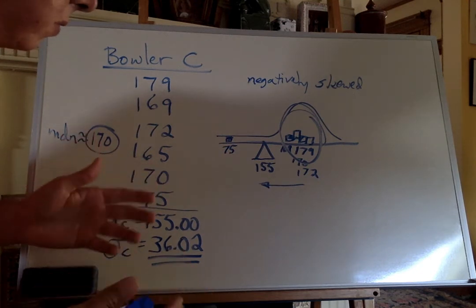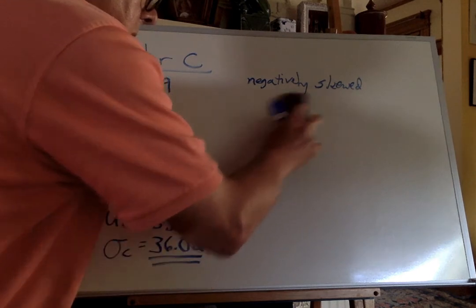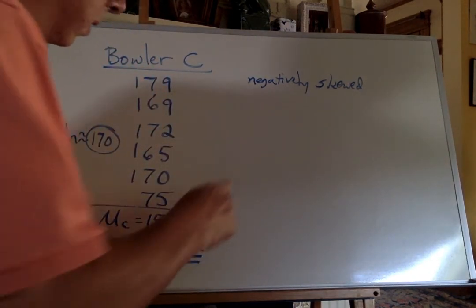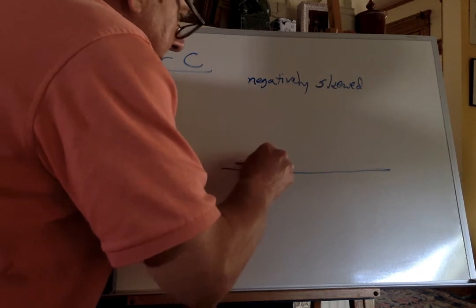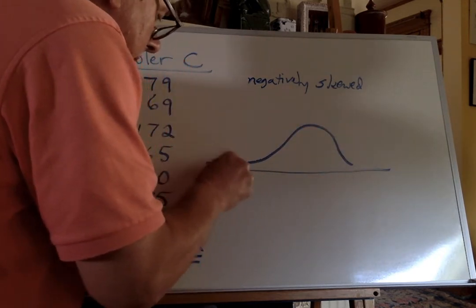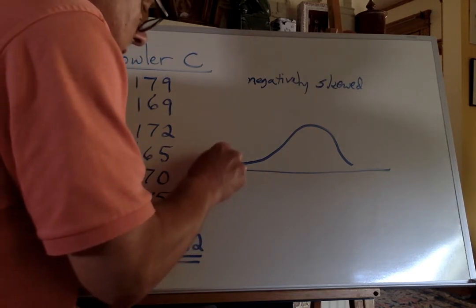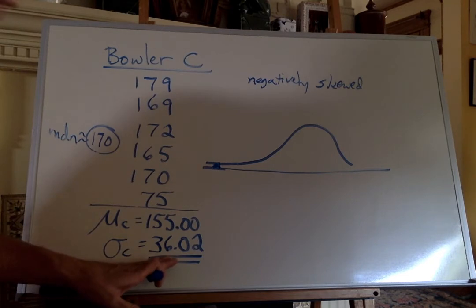So what I'm going to do is I'm going to redraw this, hopefully make it a little simpler, right? We have a negatively skewed distribution. Let's do this. Okay. So there's one score down here that is really making this misleading, is what it ends up being.